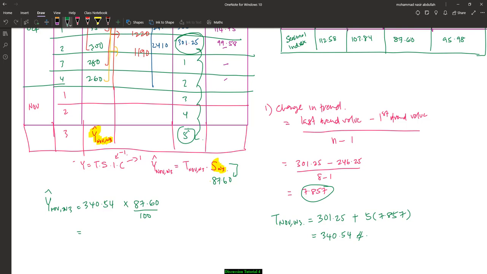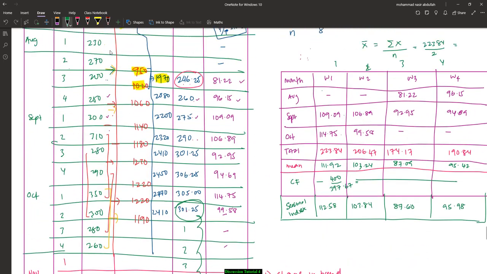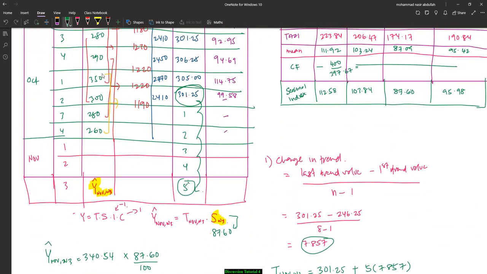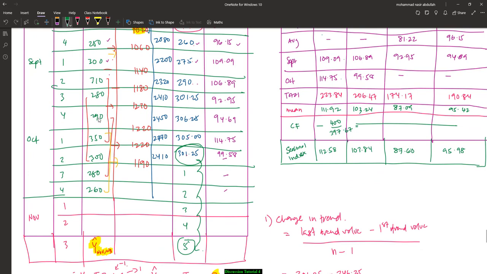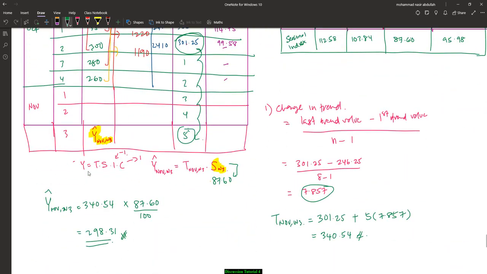This one should be 298.31. If we look at the answer at the end, in the Y values given, it is still in the range of the previous Y values. So this means it is a confident result. If we get a number that is extra big, extra large, then something is wrong with our calculation.